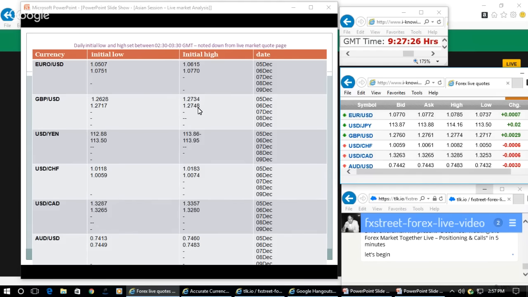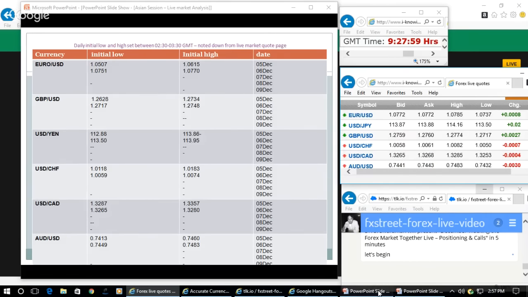They breached the initial high, formed the new high, came below, but are still holding above that of the initial high. Opposite is seen in the case of Australian dollar. They did not breach the initial high. They breached the initial low and are staying below that of the initial low for more than 30 minutes from the start of the session.